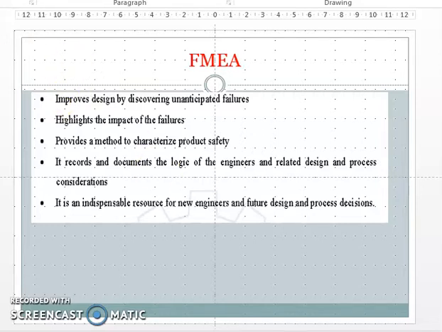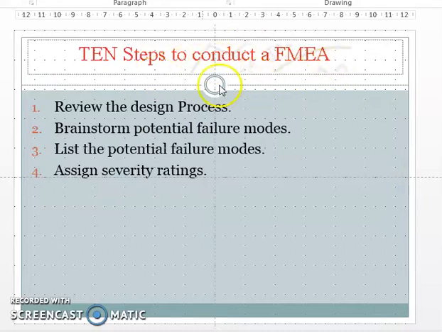These are the steps. 10 steps to conduct FMEA. First, you have to review the design process. Means first you have to understand what is the need of the customer, what considerations they have made. All these things you have to study thoroughly.